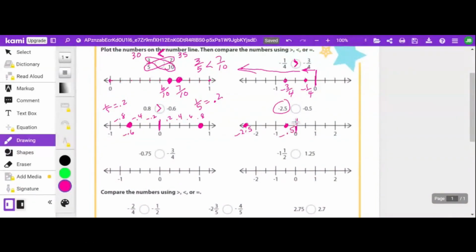And so the number that's more negative is the negative 2.5, which means that the more to the left you go, the smaller you are. And so negative 2.5 is smaller than negative 0.5.